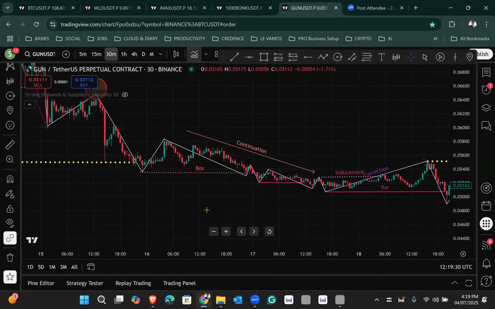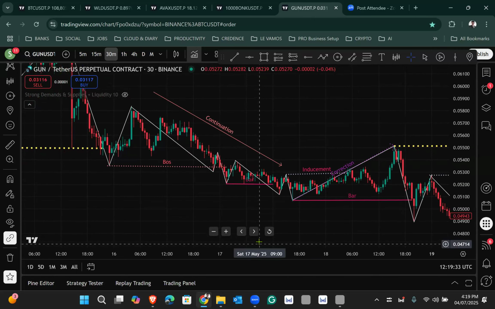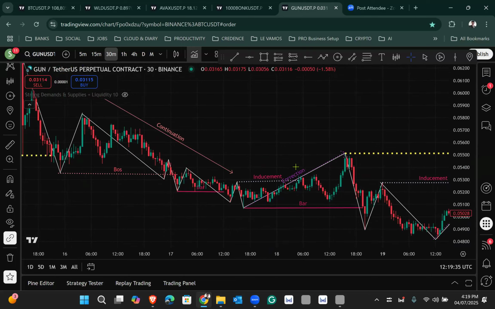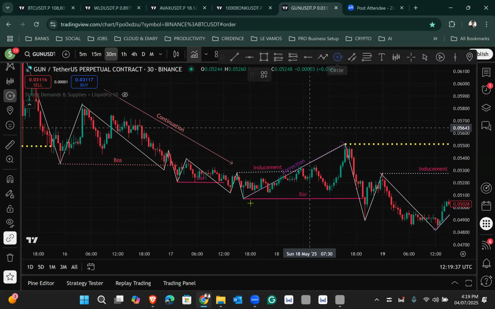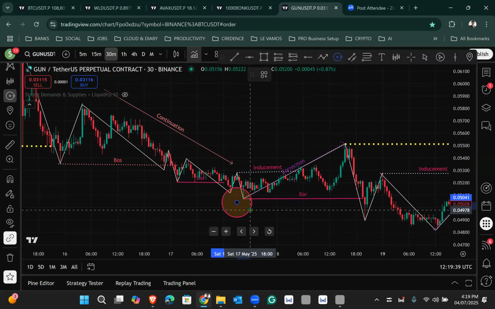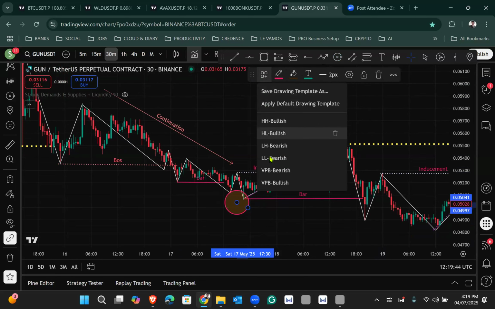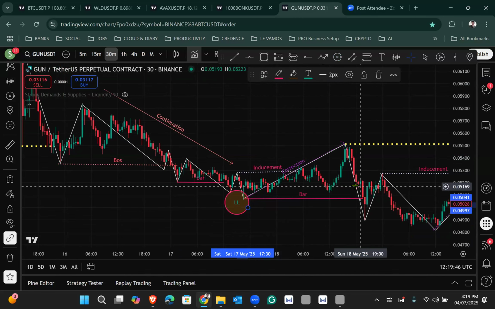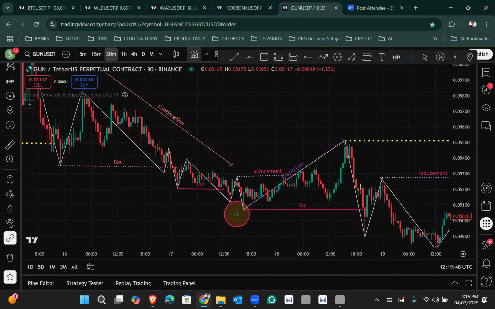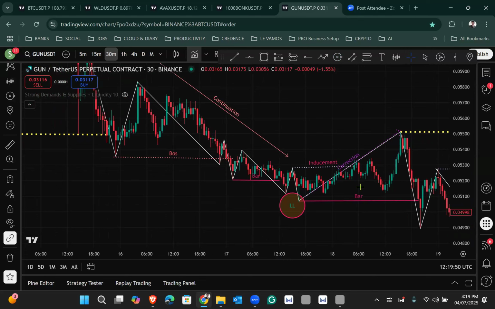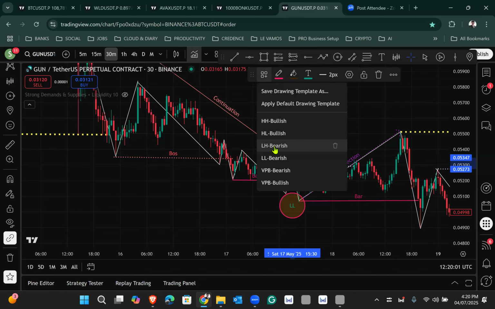Because yes, the correction. This lower low, lower high. No, the next high, not that one.